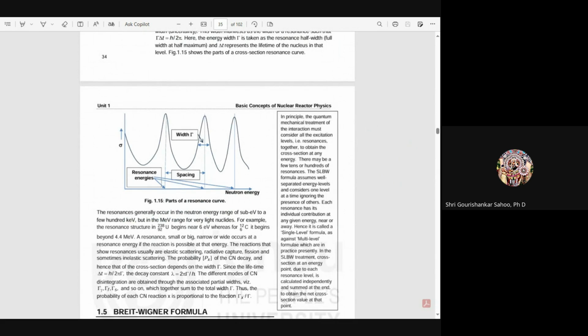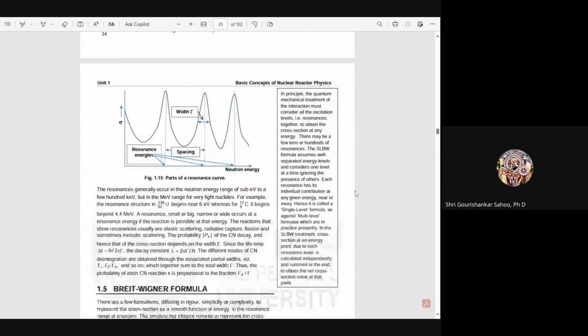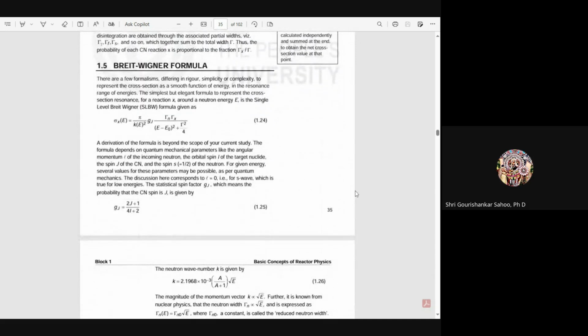So this is the resonance curve, neutron energy on the x-axis and sigma on the y-axis. Then our Breit-Wigner formula.